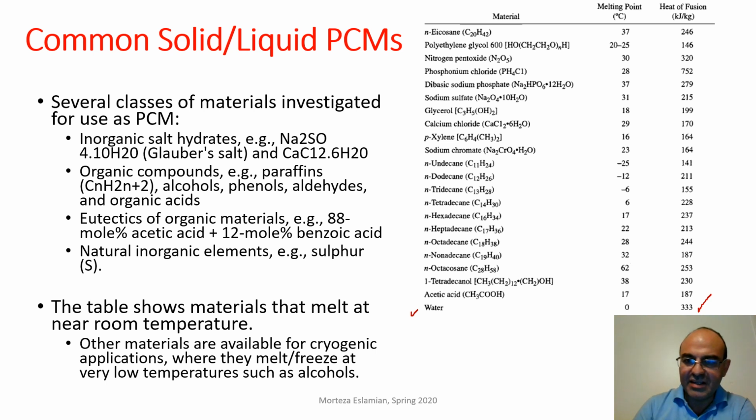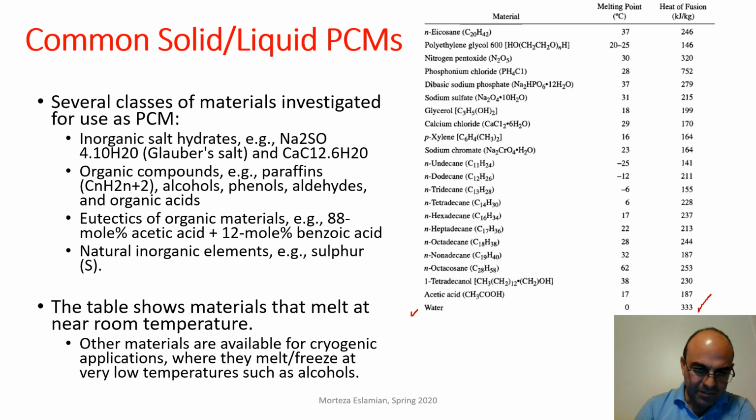So these are materials that actually change phase around room temperature, like 0 degrees C and negative 25 to 37. If, for a particular process, the isothermal temperature which is needed is very different from these materials, then other materials are available as well.